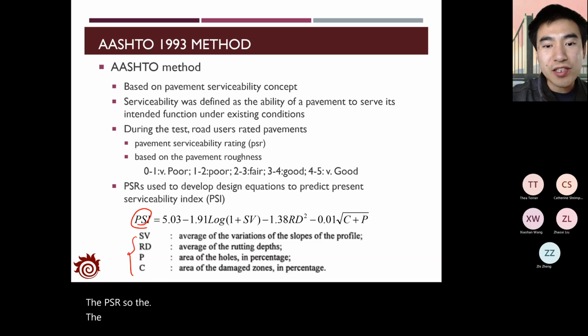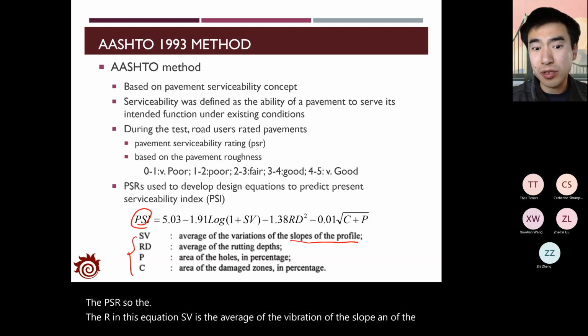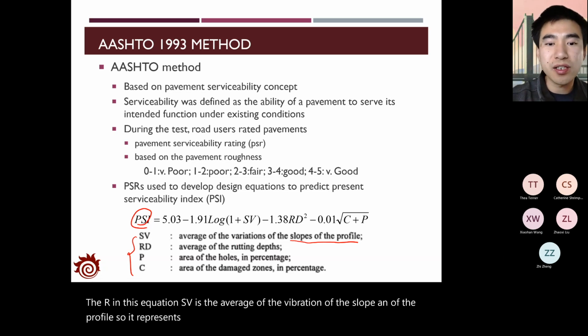In this equation, SV is the average of the variation of the slope of the profile, so it represents the slope of the road. And RD is the average of the rutting depths.